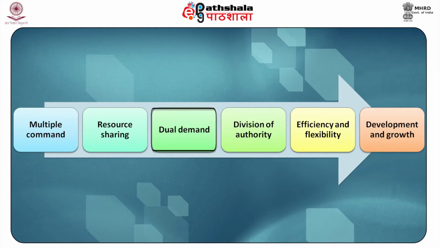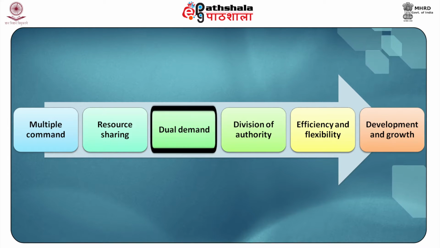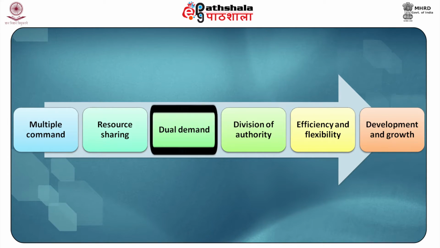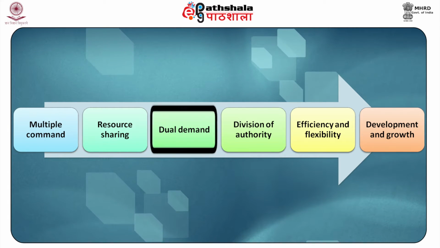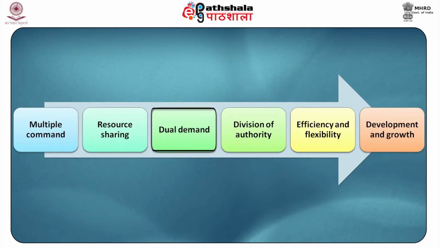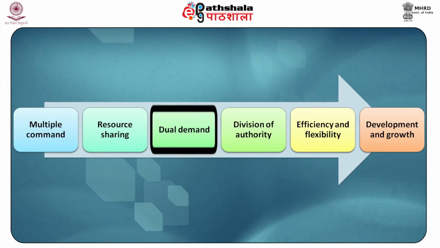Dual demand. Matrix structure is well suited to organizations which are complex and are working within a turbulent field environment. Hence, the structure is well suited to aerospace, hospitals, banking, universities, chemicals, electronics, retailing, advertising, and other product manufacturing organizations.